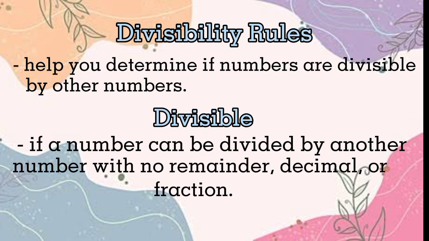A divisibility rule is a shorthand way of determining whether a given integer is divisible by a fixed divisor without performing the division, usually by examining its digits. Now we will learn rules for 2, 3, 4, 5, 6, 7, 8, 9, 10, 11, and 12.